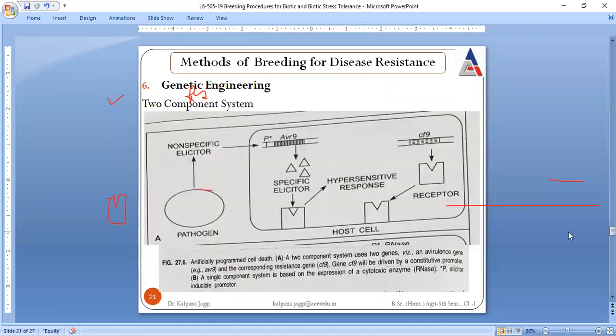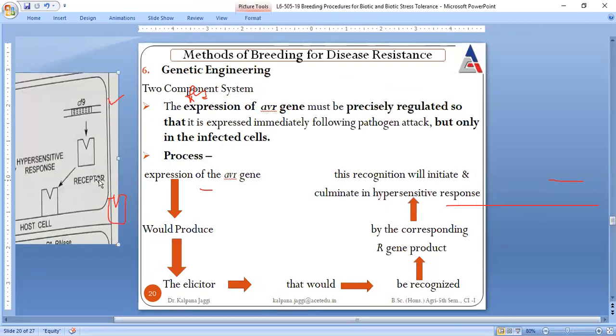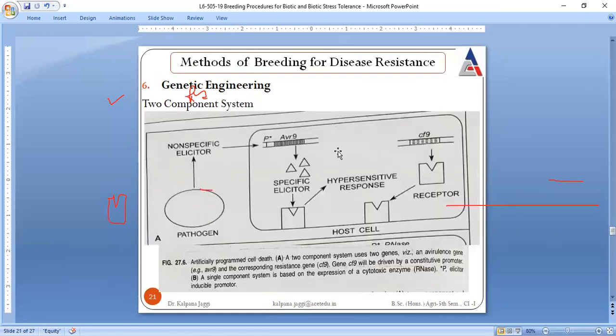So this is what I have already explained to you all. This is a two component system where the promoter is activated by the release of the elicitor by the pathogen.